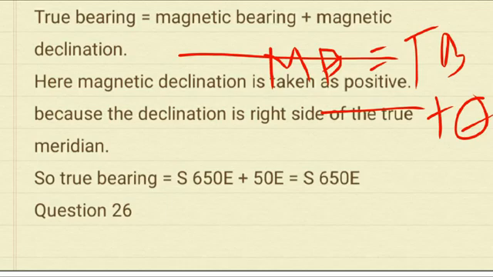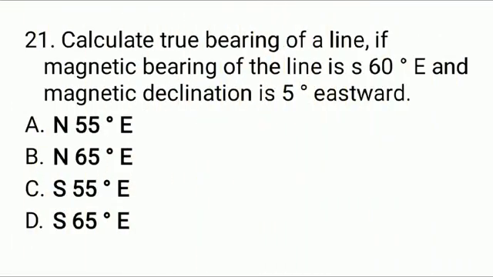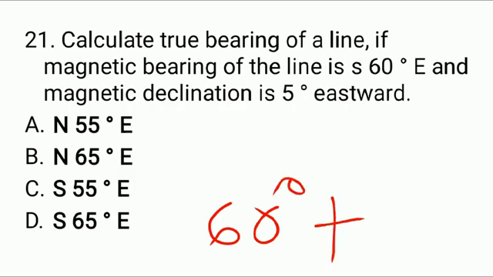Okay, the degree sign was mistaken, so it will be 5 degree. So true bearing is equal to 60 degree plus 5 degree, that is equal to 65 degree. So our answer will be D.